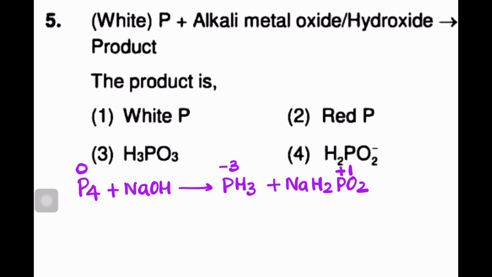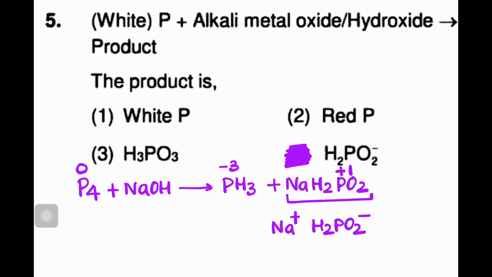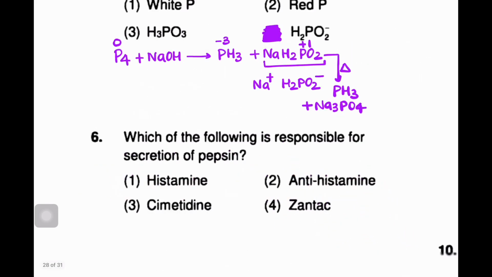Phosphine is not in the option, so the other product is NaH2PO2, which you can break into Na plus and H2PO2 minus. So it's the fourth one. That is the correct answer. Now if you heat this further, again there is a disproportionation and it will form PH3 and Na3PO4. Okay, let's move to the next question.